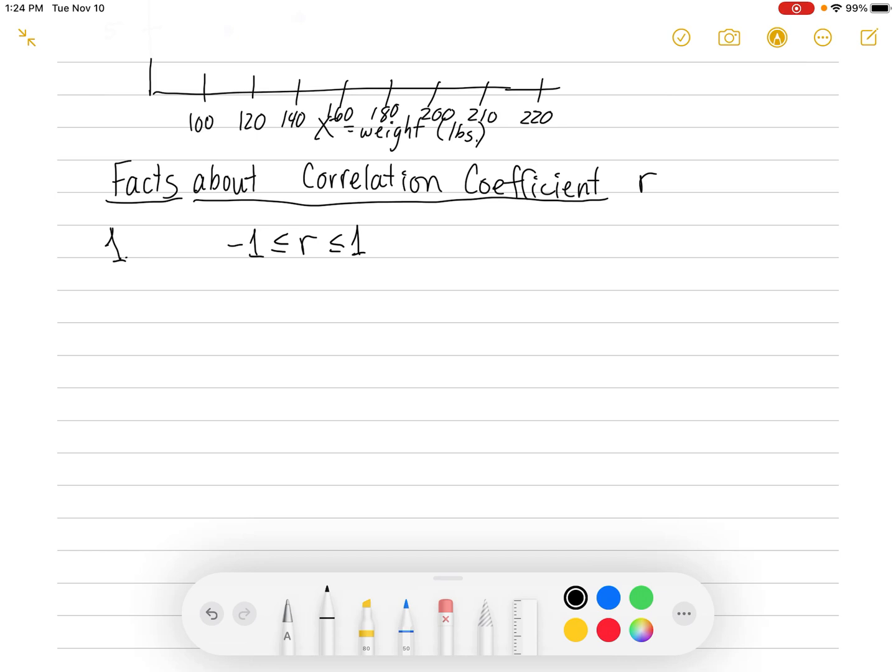Number two, if R is exactly equal to 1, then you have a perfect positive correlation.